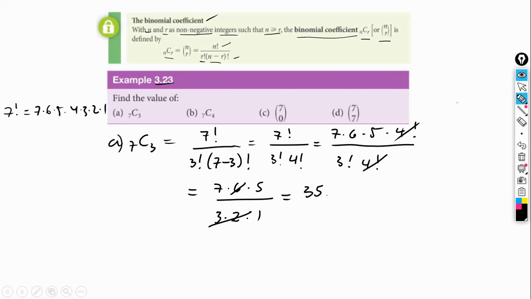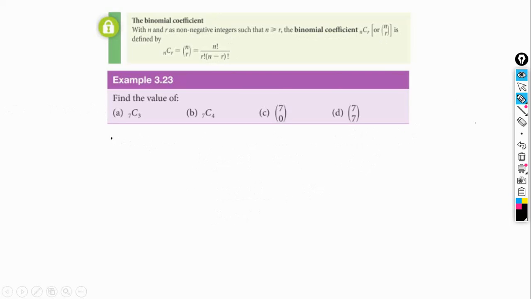So let's take a look at B. So for B, they want us to find the binomial coefficient with this, right? 7 combination 4. So this is going to be 7 factorial over 4 factorial times 7 minus 4 factorial. So 7 factorial over 4 factorial times 3 factorial.